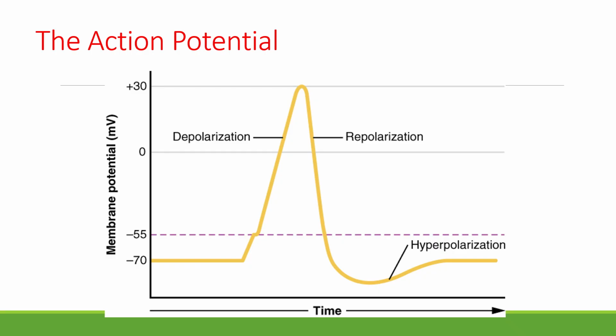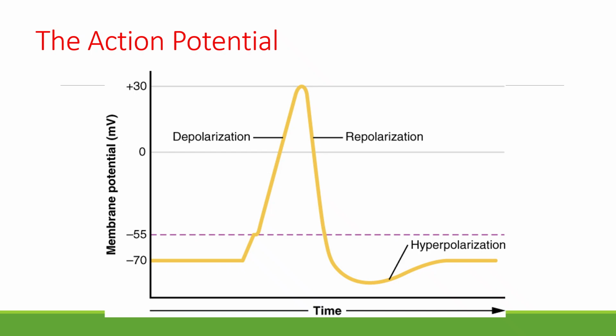So here is what our action potential looks like. You notice that we're at -70 on the left-hand side on our membrane potential there. And so we have depolarizing events. We have these little mini bursts of electrical activity that are coming in all over those different dendrites. And we get enough of those that we start to reach what's called threshold, which is -55 millivolts.